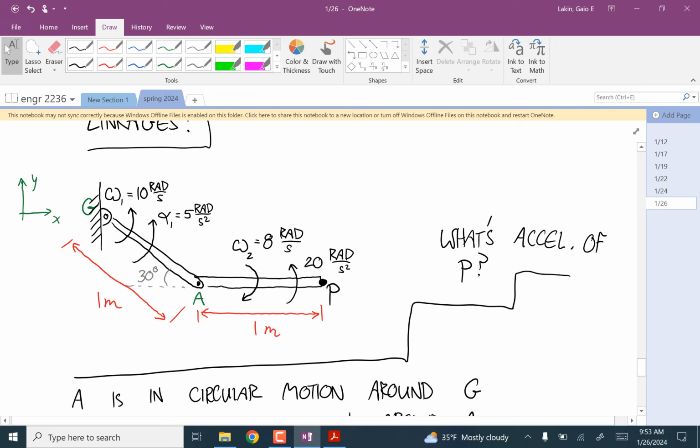Yes? Whenever you ask for an acceleration of a point, you want it relative to a fixed point origin. That's right, yeah. I'll try to be clear about that, but if I ever don't give a point, you can assume that it's relative to the ground.